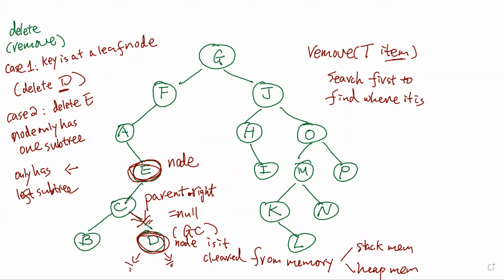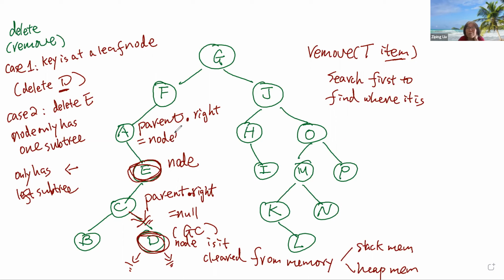Yes, parent's right equal to C. But there is no C. C is what? C is the left child. So this is the parent node. Parent's right is going to be what? To node's left.